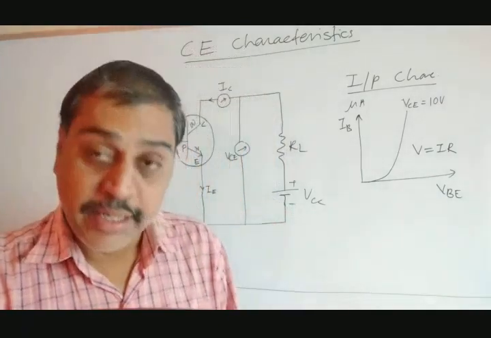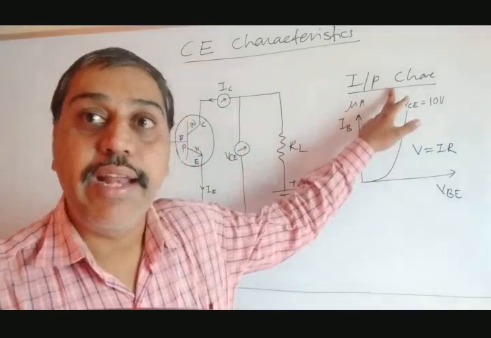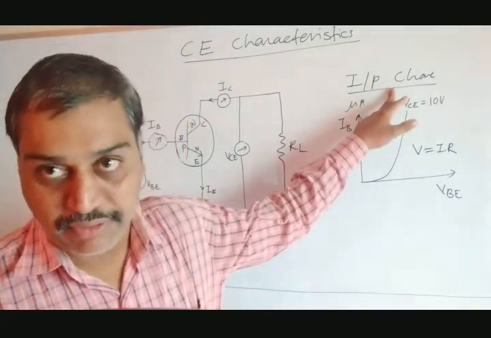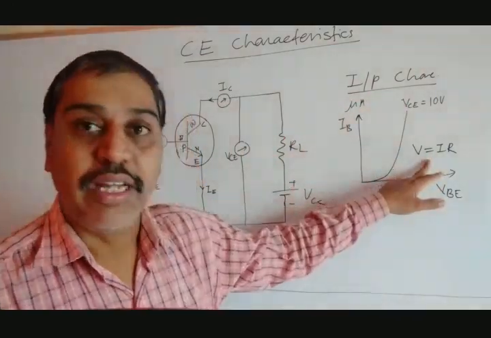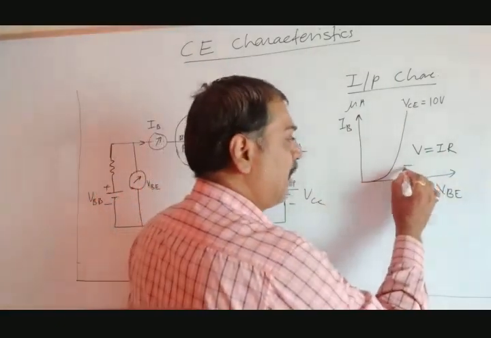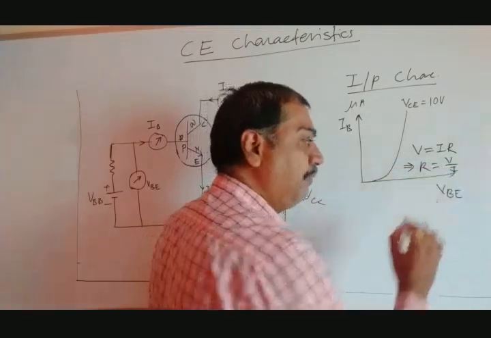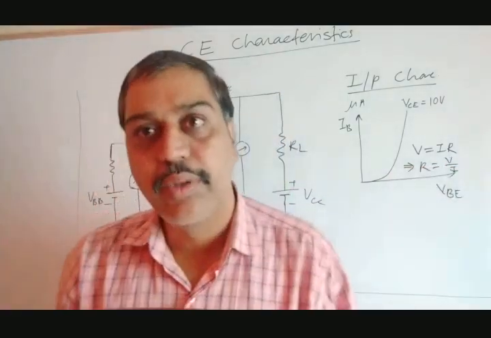Now here we want to find the input resistance in the input characteristics. From Ohm's law, if V equal to IR, what is R equal to? This implies R equal to V divided by I. Voltage divided by current gives the resistance.